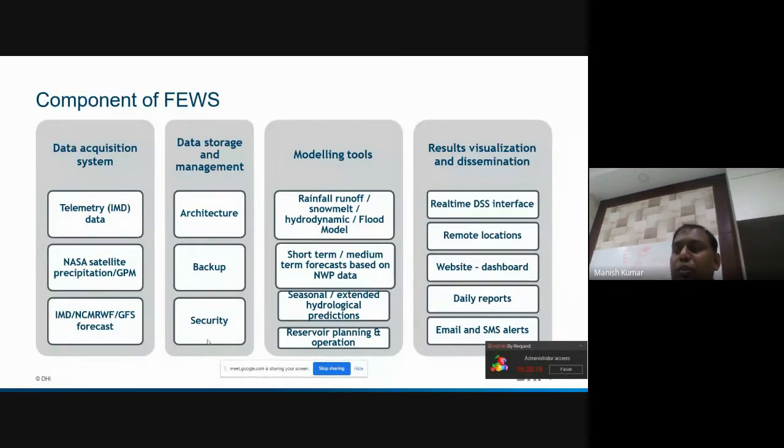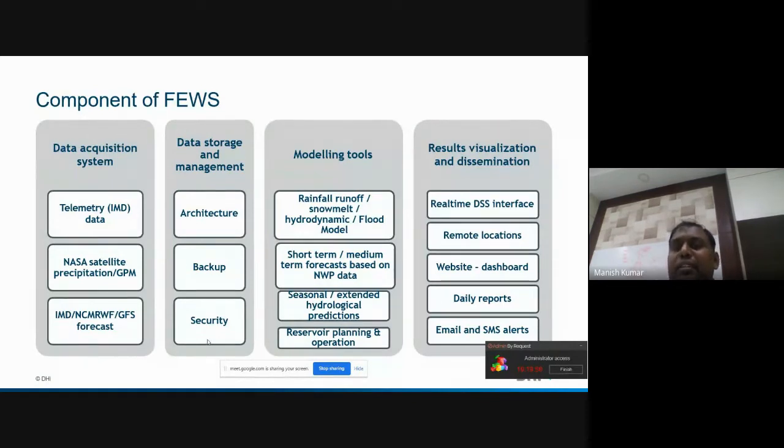But to make it automated, we need to devise a plan where every day your model is shifted up to the time of forecast with real-time data, and afterward with meteorological forecast data.